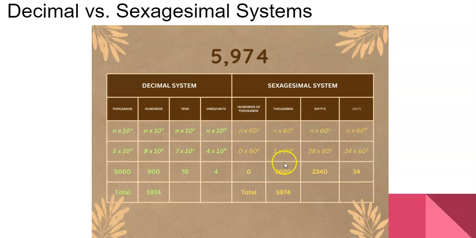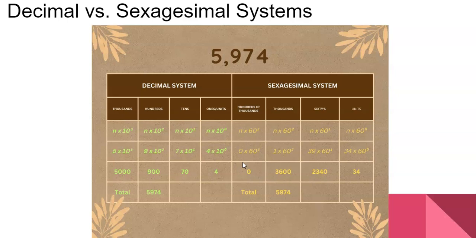And then in the thousands of 60s place, the factor is 60 squared. With the number 5,974, the digit in the thousands of 60s place is 1. So we have 1 times 60 squared, so that is 3,600. And then in the hundreds of thousands of 60s place, the factor is 60 cubed.